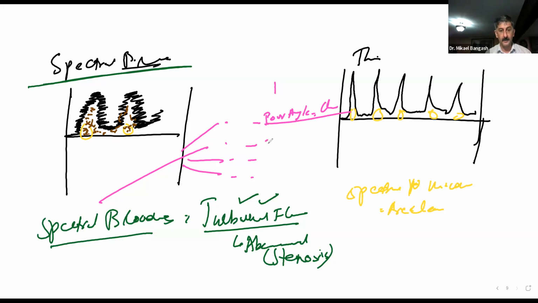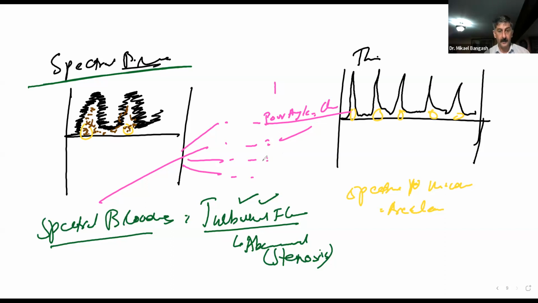We also said that if your sample window, for instance, was too close to the vessel wall, it could lead to what looks like spectral broadening but is not due to turbulence. It means your sample window is illy placed, too close to the vessel wall.